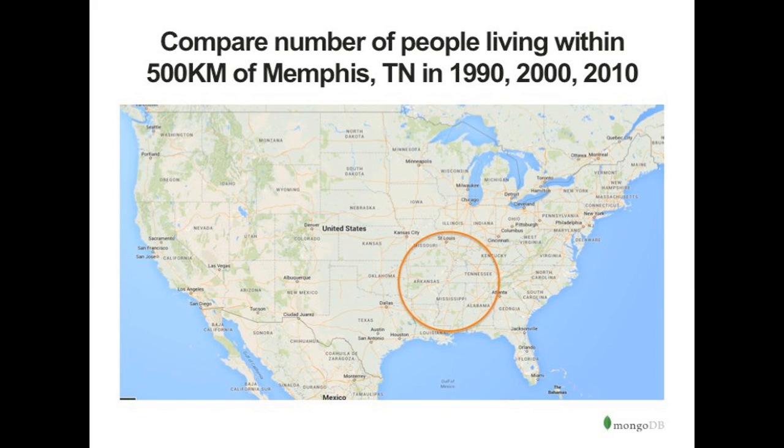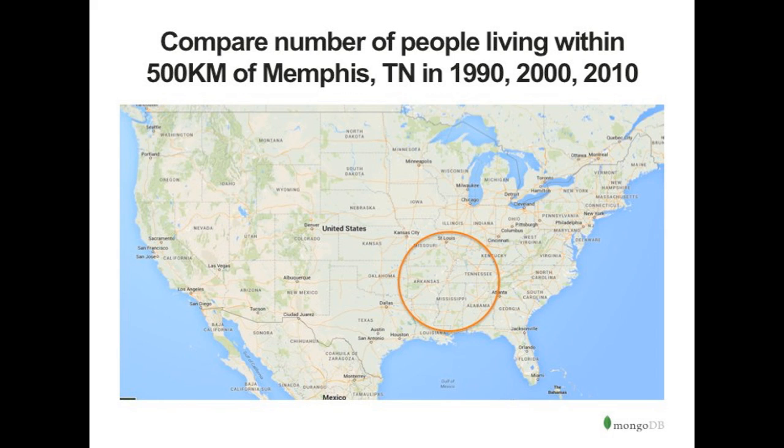So let's say we wanted to understand how the population of people living within 500 kilometers of Memphis, Tennessee, is changing from 1990 to 2000 and 2010. Is it growing? Is it decreasing? For the people who live relatively close, within driving distance of Memphis, Tennessee, how is that population data set changing?